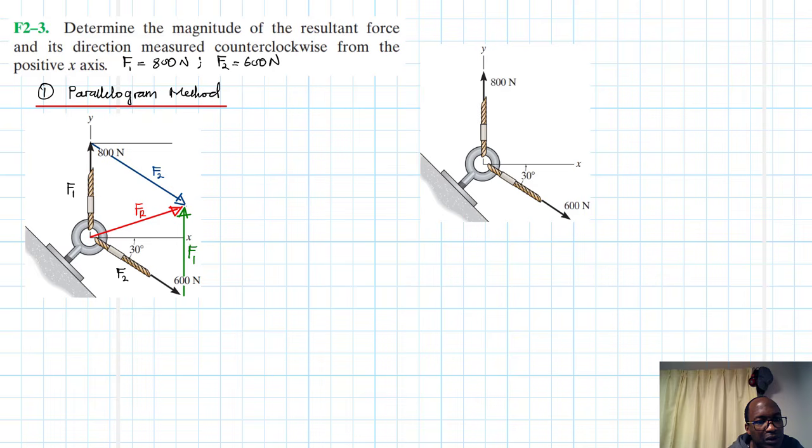So if we do so, then we know that this angle here is equal to this one here, 30, right? Do you agree? This is 30 degrees. So if this is 30, then we know what this is, right? What is this?